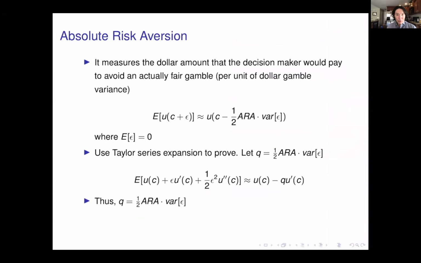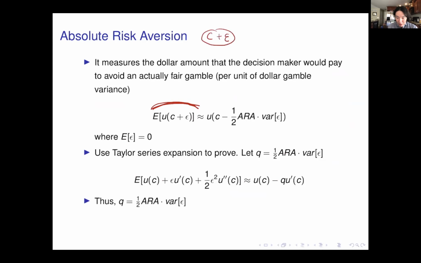So what is absolute risk aversion? Let's get a little bit deeper. It measures the dollar amount that the decision maker would pay to avoid an actuarially fair gamble. So what is the fair gamble? This is the random outcome. This is the case where you get C, so your outcome is C plus epsilon.